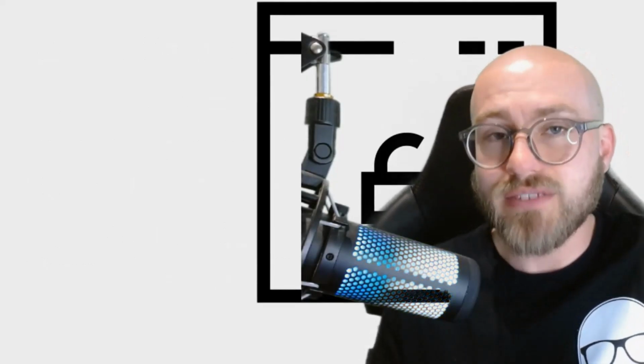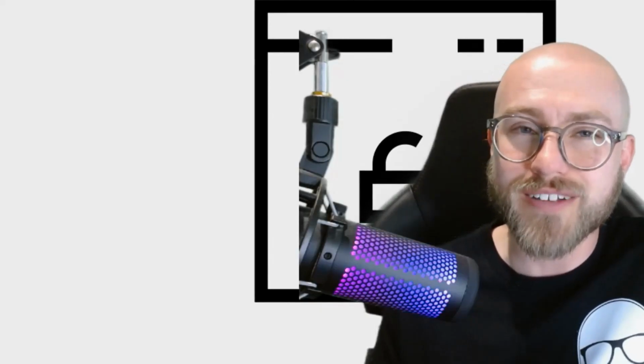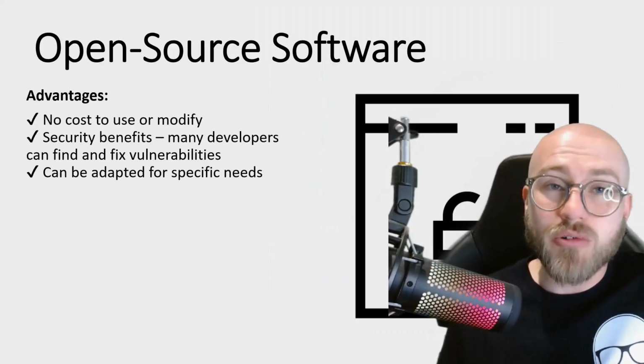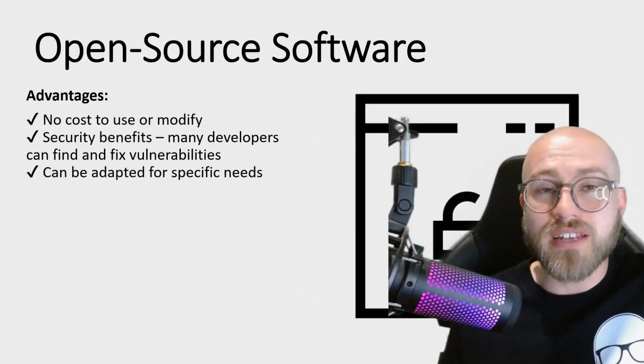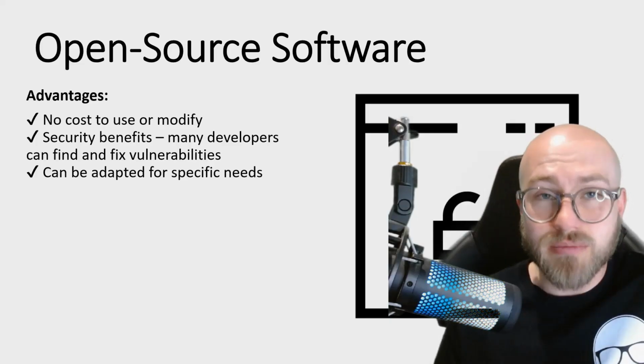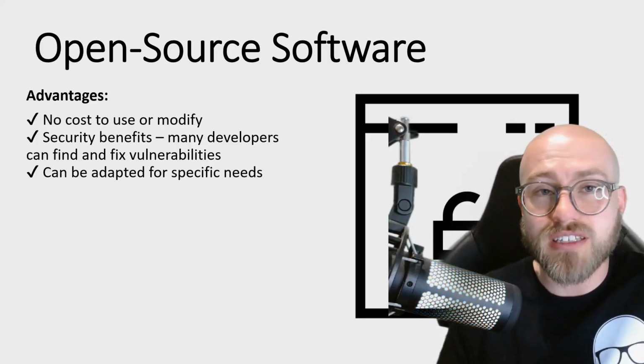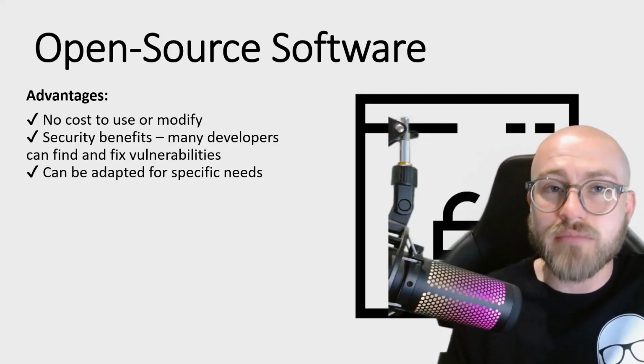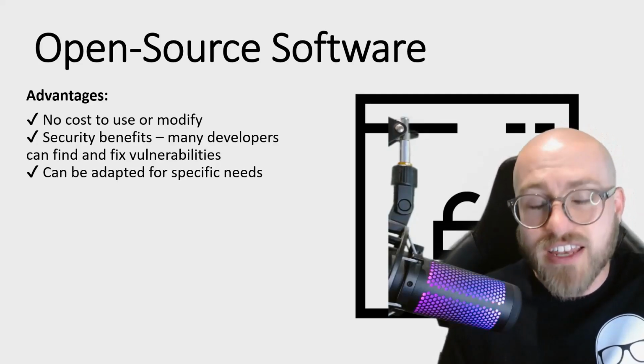We also need to be able to talk about the advantages and disadvantages of the two types of licenses that we're going to discuss today. So let's have a look at the advantages of open source software. As I said earlier, there's usually no cost, which is a big advantage, as you don't need to pay for the software. And you also don't need to pay to be able to modify it. So if you needed to use that as a basis and then modify it to your liking, you're allowed to do that.